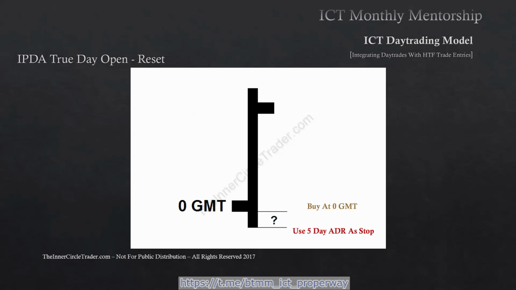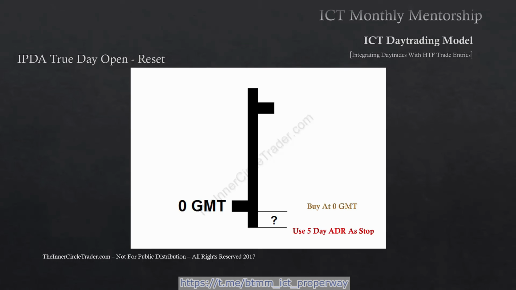You can, on buy days, simply buy at 0 GMT or buy with 10 to 20 pips below the opening price at 0 GMT. There's your limit order to buy, so that way you're going to catch some Judas swing if it occurs.